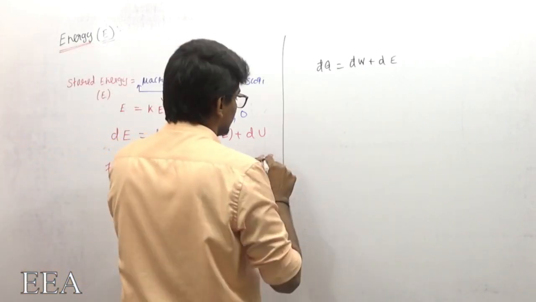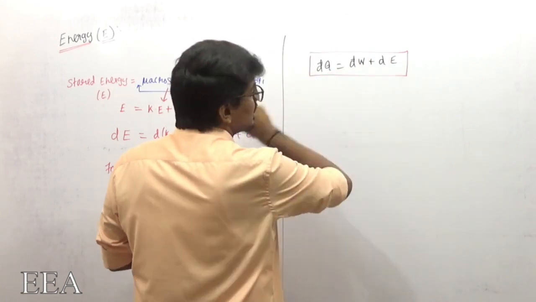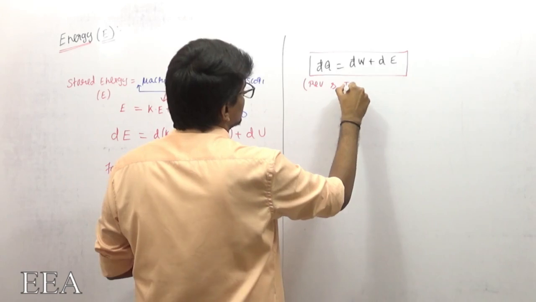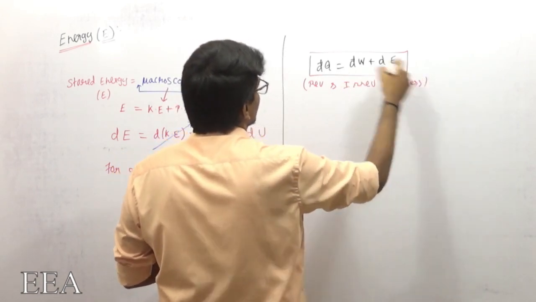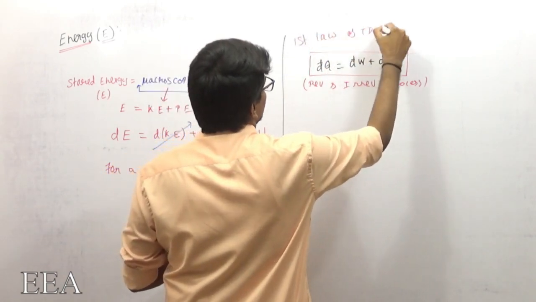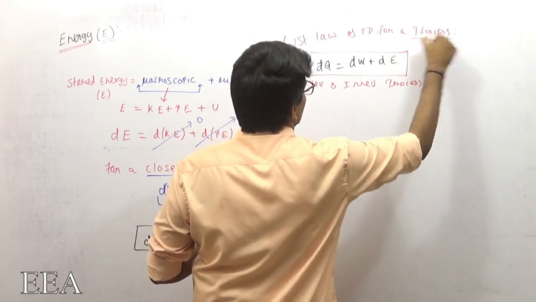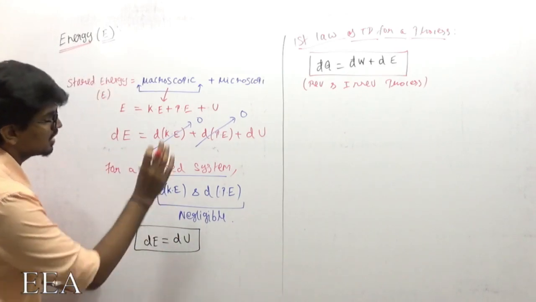So this is our basic form, and there is no assumption here, which means it can be applied to both reversible and irreversible processes. First law of thermodynamics for a process. Let me include an assumption to it.